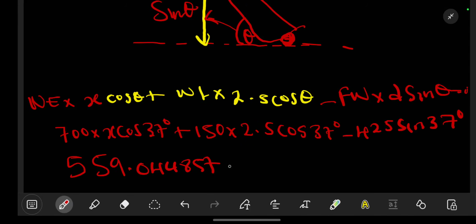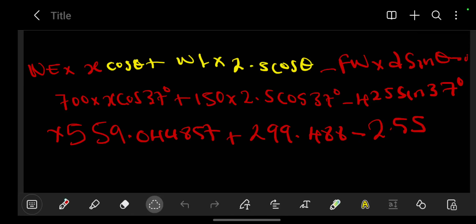Then plus 150 times 2.5 cos of 37. This is going to give us 299.488. Then minus 425 times the sine of 37. This is going to give us a value of 255. So this times this, we forgot x, anyways I can just say times x.